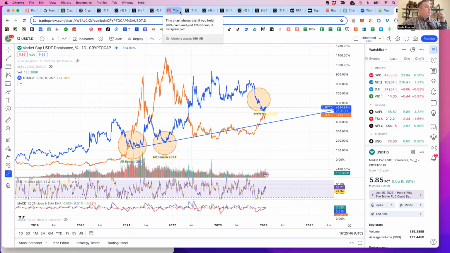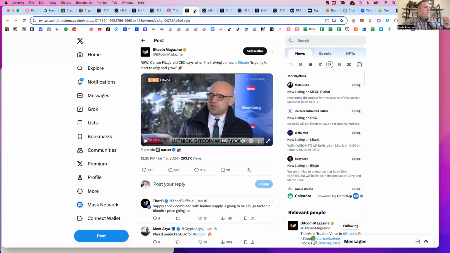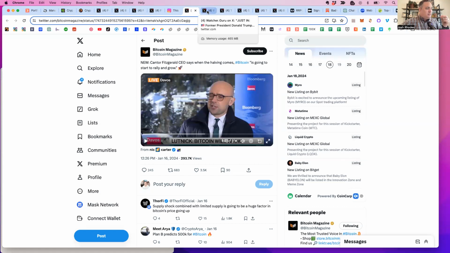We have traditional financial CEOs in Davos on Bloomberg talking about Tether, and we've seen over $4 or $5 billion of Tether being printed since January 1st. That is minted, injected into the ecosystem for people to use and buy crypto with, because normally people don't just hold Tether.